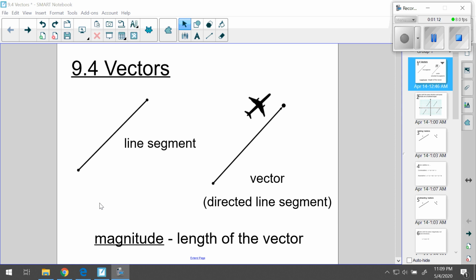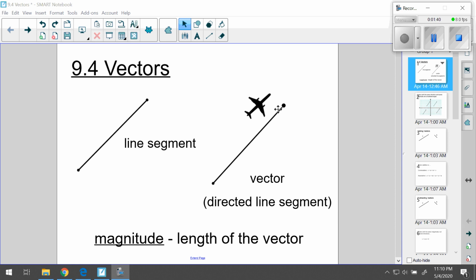As I mentioned, vectors have very many applications, especially in a physics class. It might help us solve problems dealing with velocity or displacement or acceleration, or any type of problem that involves movement. For example, we might do a problem that involves an airplane or an aircraft of some sort.